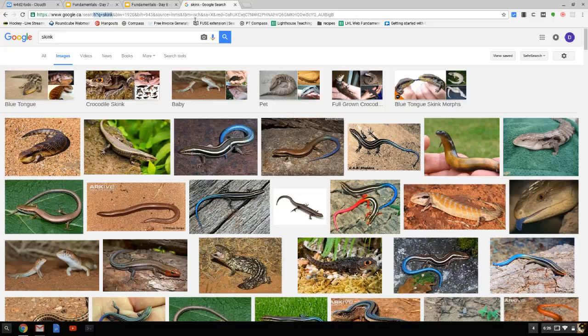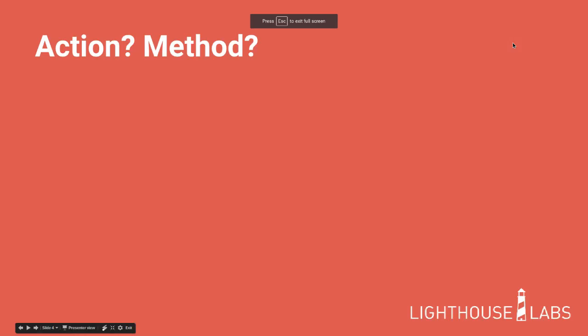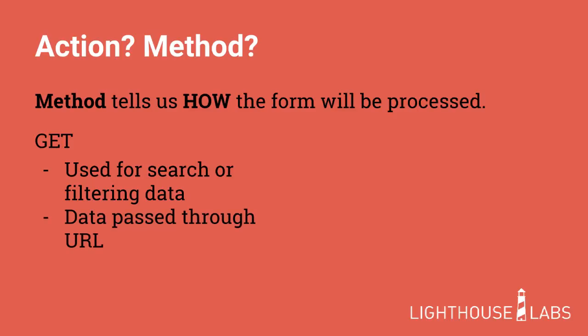We have no idea what's going on, but this is one way to pass data back to your application. There's the get, very common example, filtering, passing search data or filtering data. And you saw it right there. The data that we are sending to the server is clearly visible in the URL.